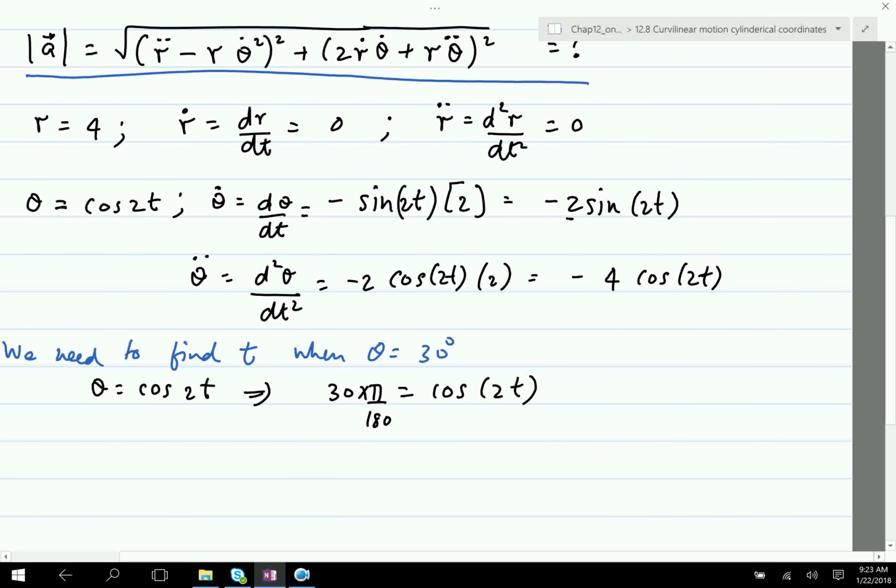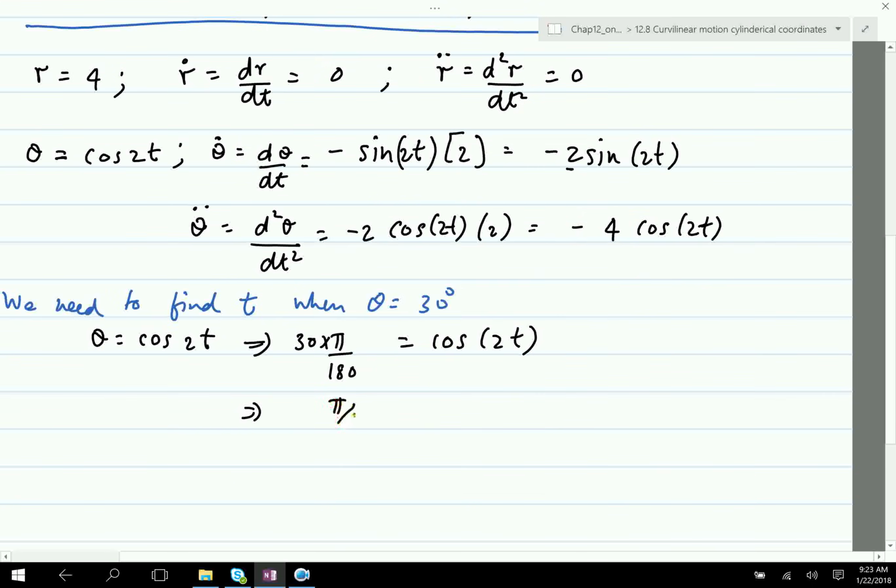If I multiply by pi divided by 180, I can convert degrees to radians. So this gives me pi divided by 6 is cosine 2t. So t is half cosine inverse of pi divided by 6. This 2 is because of this 2.